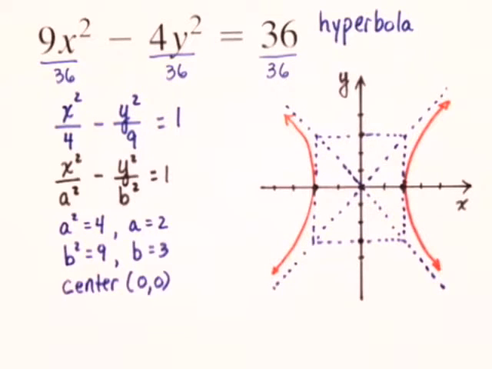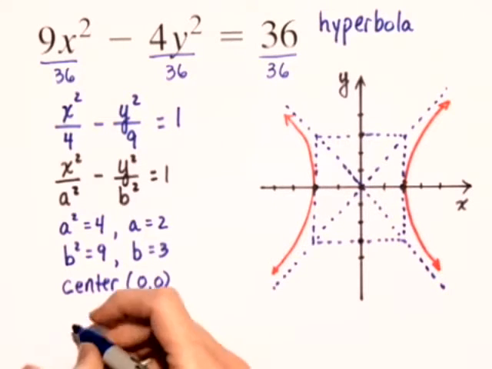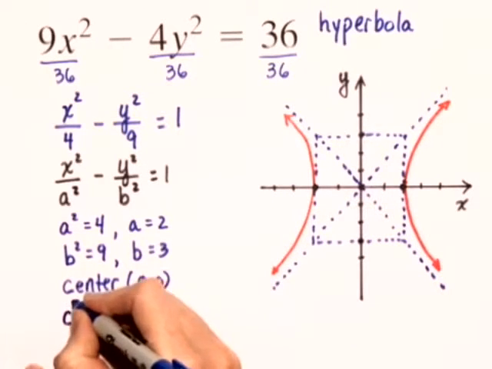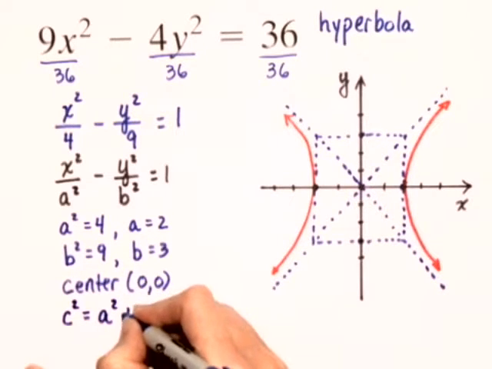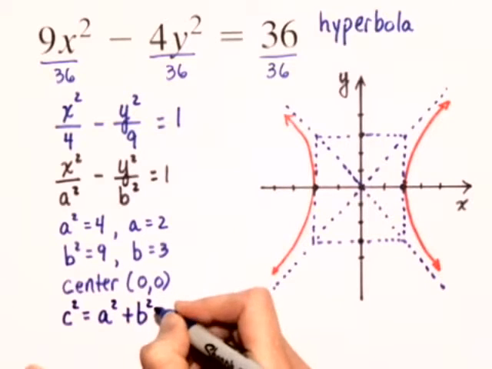So we're asked for a little bit more information. Although we don't need the foci to graph the equation, we can still come up with the points where the foci are located. So in a hyperbola, we know that c squared is equal to a squared plus b squared.